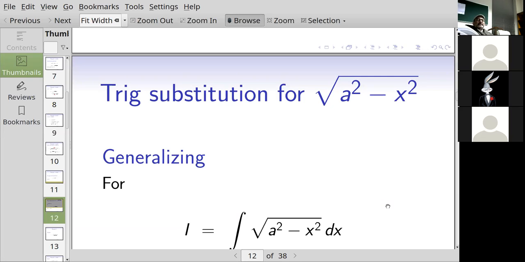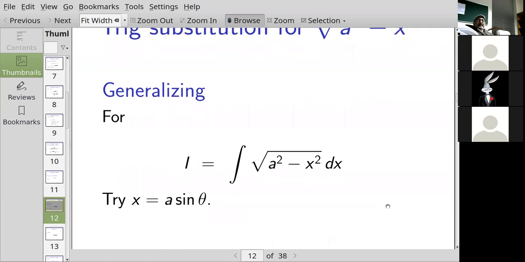How could I make it look like something I already know how to do? So we will take x is equal to a cos theta or a sin theta. Right. I can let x equal a sine theta, for example. I think x equals a cos theta would also work.